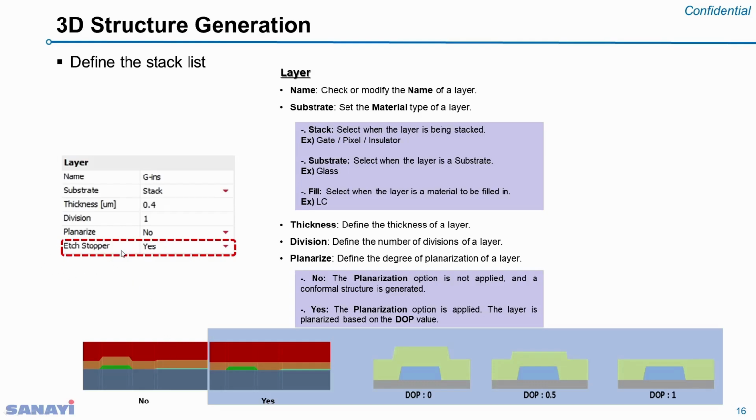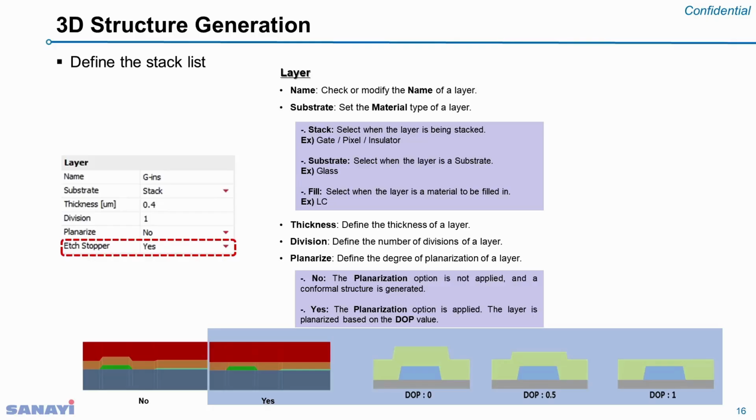Finally, the etch stopper. This function works with unselective etch. If unselective etch is set to yes, the etching process starts from that layer. Then, etching proceeds until just before the layer for which the etch stopper is yes.